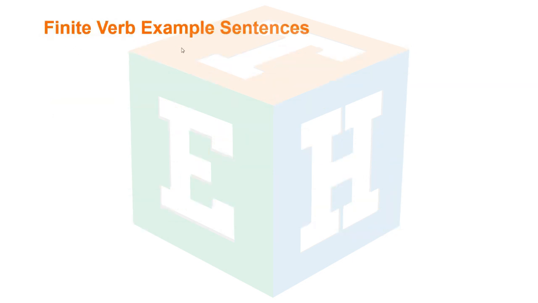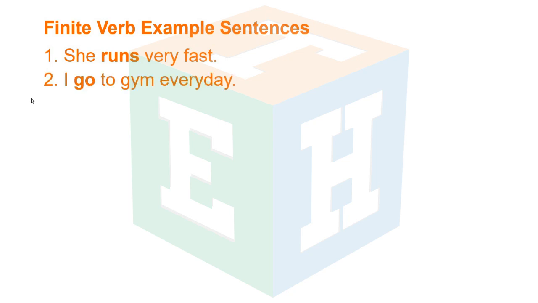Finite verb example sentences. Number 1, she runs very fast. Number 2, I go to gym every day. Number 3, they went to the playground.